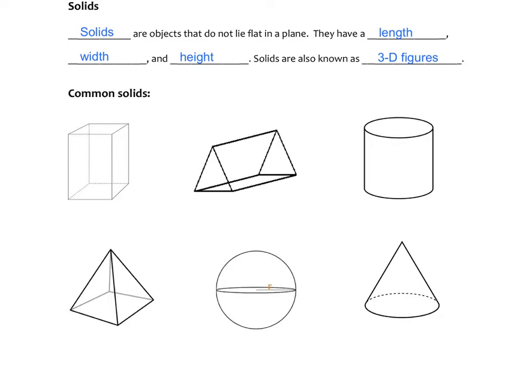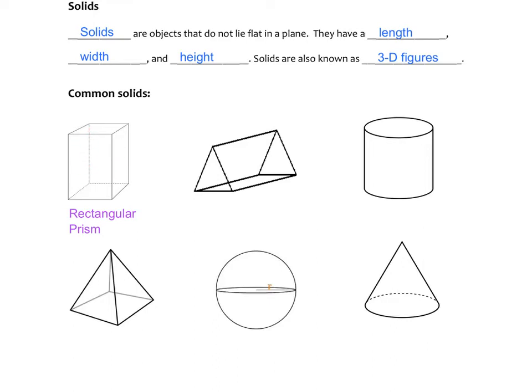Our first common solid is called a rectangular prism. Please notice in the rectangular prism, our faces consist of rectangles. That's why it's called a rectangular prism.